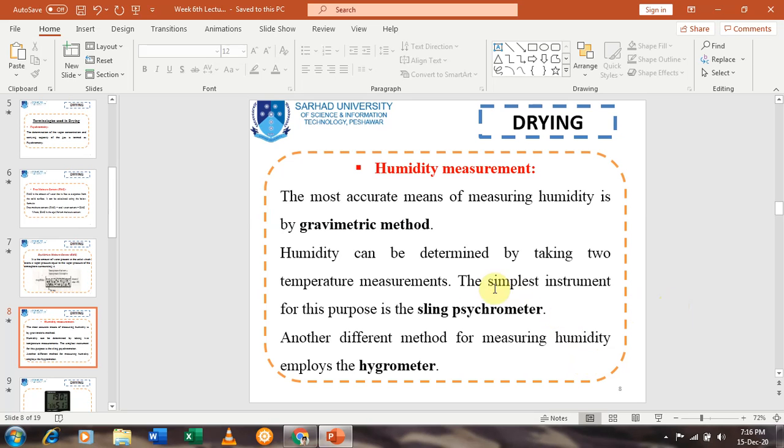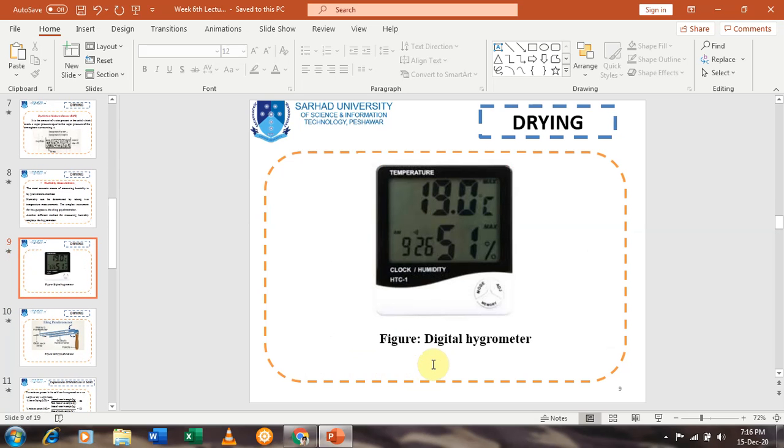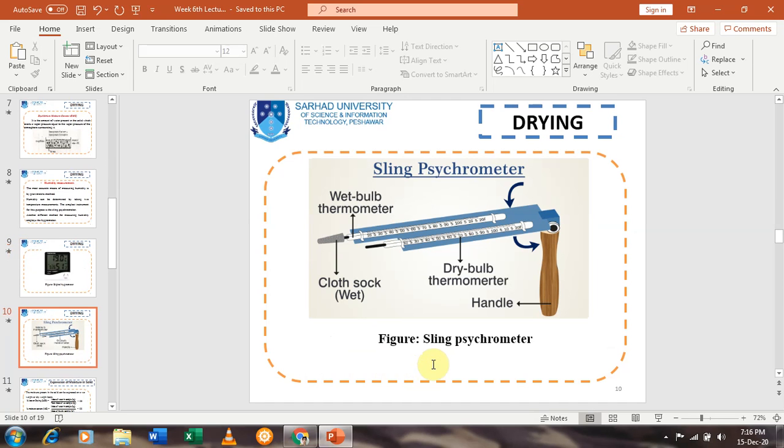Remember that the simplest is the sling hygrometer, but the most accurate way of measuring humidity by weighing is the gravimetric method. Another one, the digital hygrometer, may also be employed for humidity measurement, and we saw the diagrams of the digital hygrometer and the sling hygrometer.